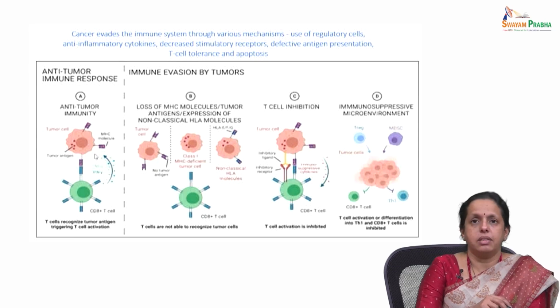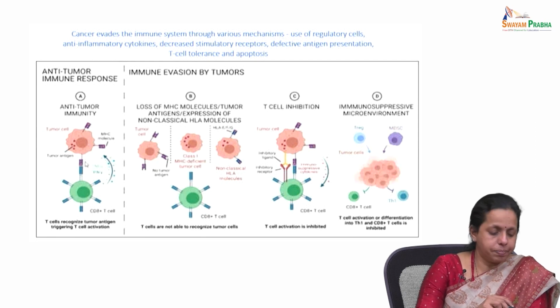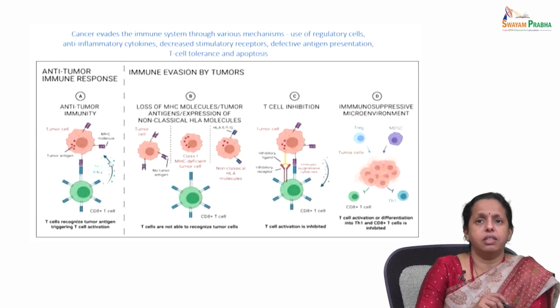T cells are always the preferred immune cells for targeting cancer through their capacity to kill malignant tumor cells upon recognition by the T cell receptors, which is presented only by your MHC molecule.